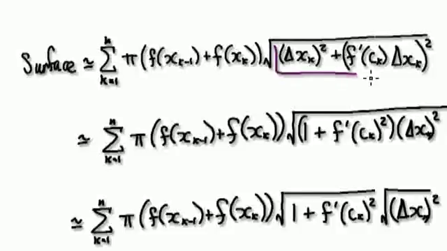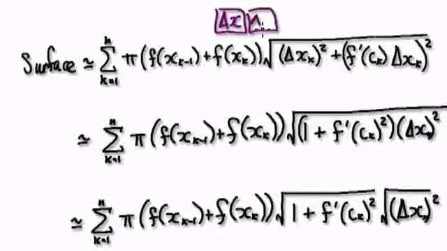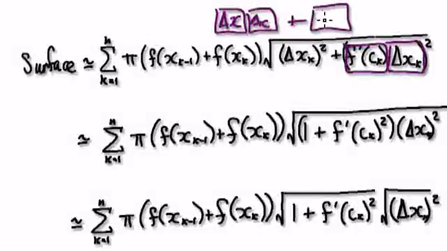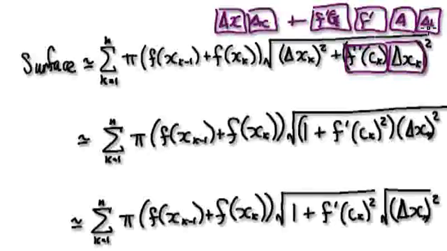So at the moment, what you've got here is delta x, and don't forget you've got delta x here. So you've got a block timesing another block, and then here you've got this block squared. So really you've got f prime of whatever here, and f prime block, and then you've got delta x times delta x.